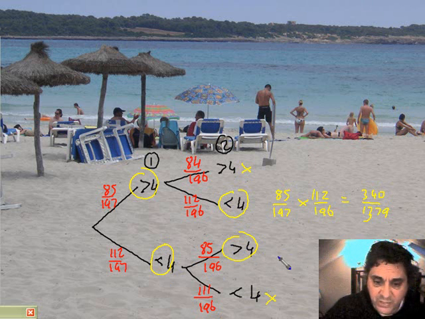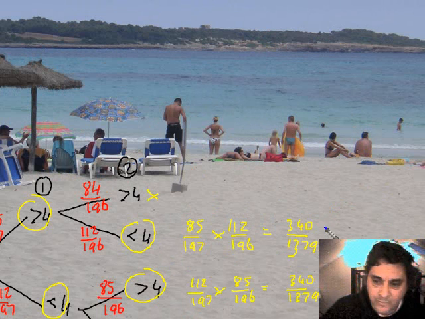And over this branch we got 112 over 197 followed by 85 over 196, and as you can see that gives exactly the same answer because these have just been flipped round, and that will give us another 340 all over 1379. Get the total there.